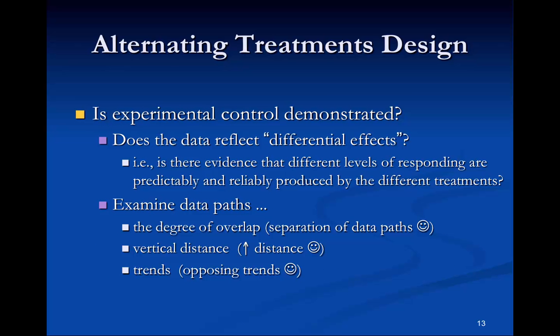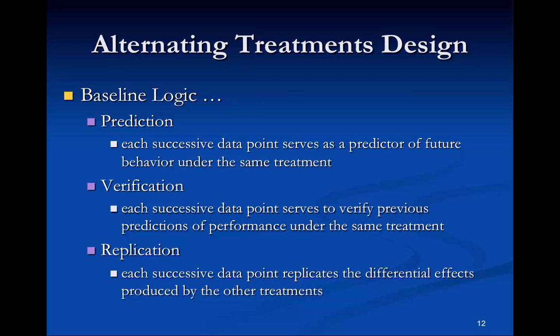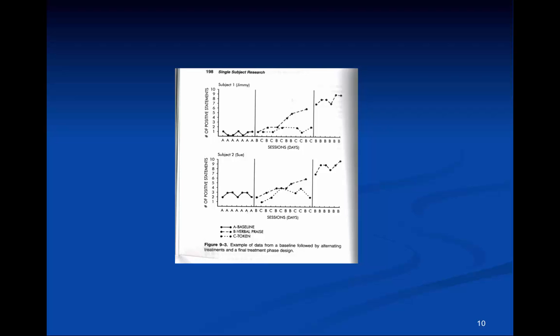So have we demonstrated experimental control? In other words, do we have a functional relationship between the interventions and the target behaviors? And the answer is yes, because it's unlikely that you are going to have some extraneous variables, because you're going back and forth every single time, and there's something different about this condition versus the baseline condition or the other condition.